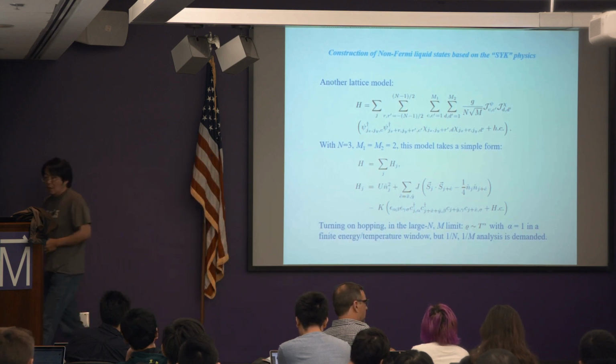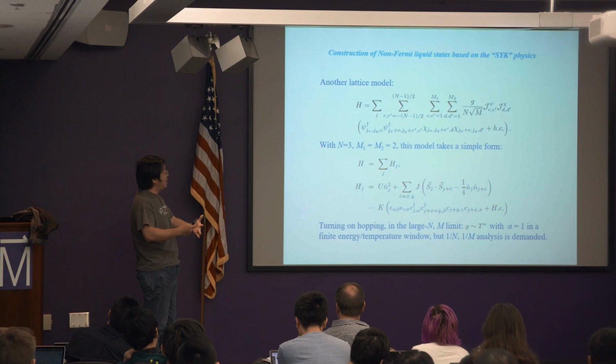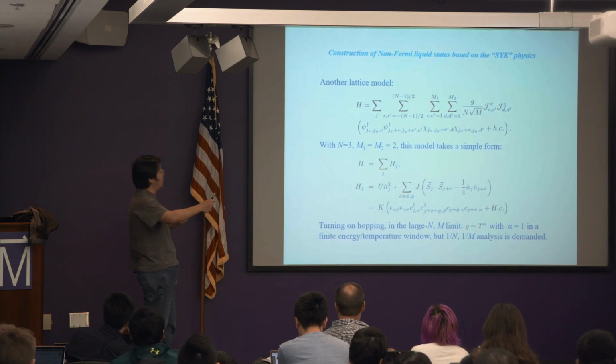So this model in the large n and large m limit will be sort of an unphysical limit because we need a long-range interaction. But finite n, finite m will be a local interaction.